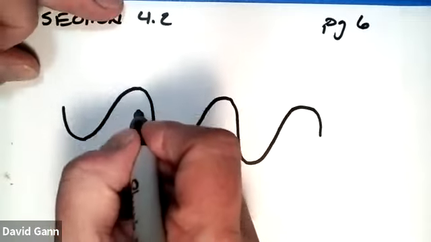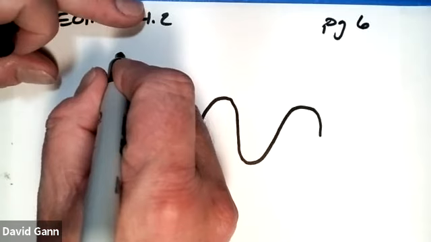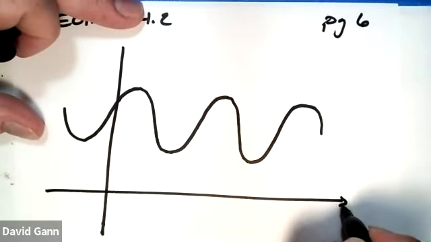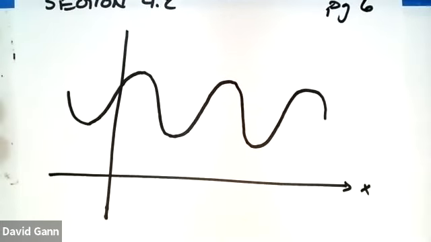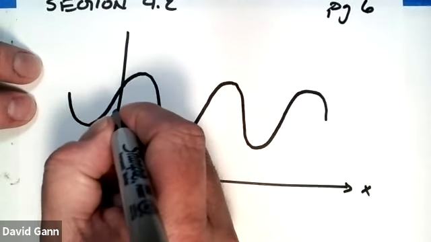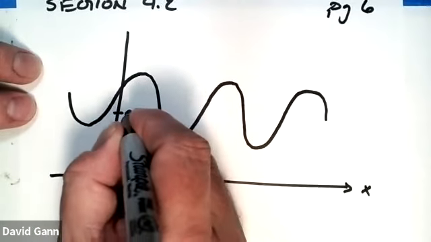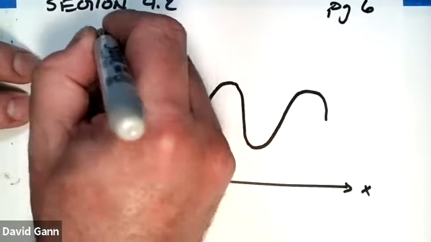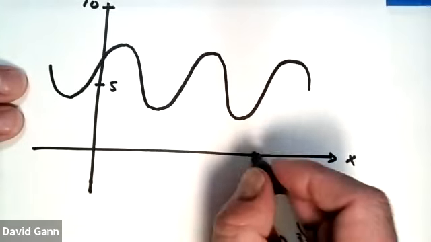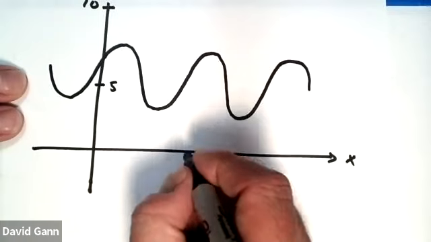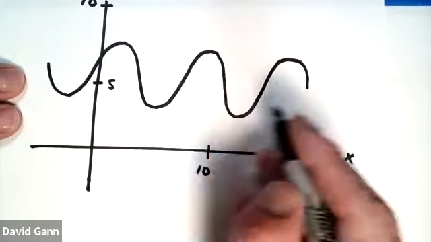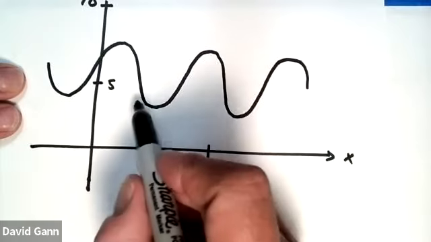And then I'm going to put a coordinate axis on here. And just to make it interesting, I'm going to make this not in the middle, 5. Not in the middle is 10. And then I'll put some units out here somewhere. Let's make this 10.